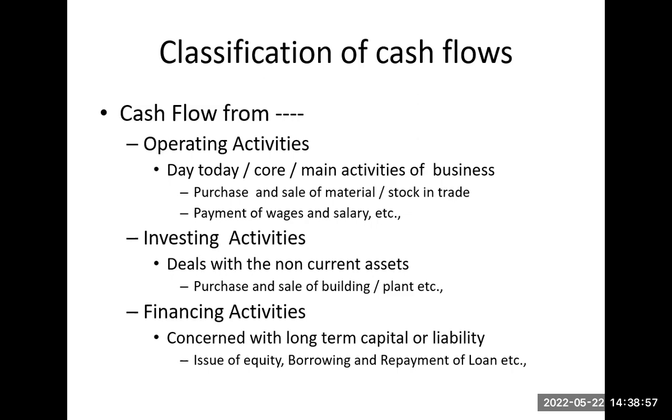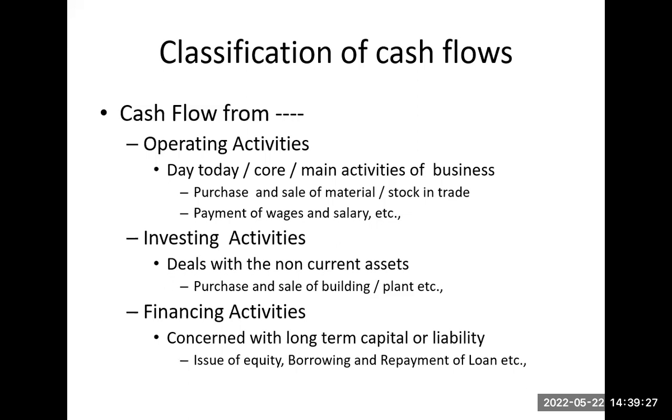Suppose we have some space, and on Saturday and Sunday a conference is going to happen in Bangalore. Some people are organizing it, but they don't have a place. They approach the college and we allow them to organize the program here. For that, we collect some fees. That is not an operating activity. The college's regular business is not letting out property and earning money.